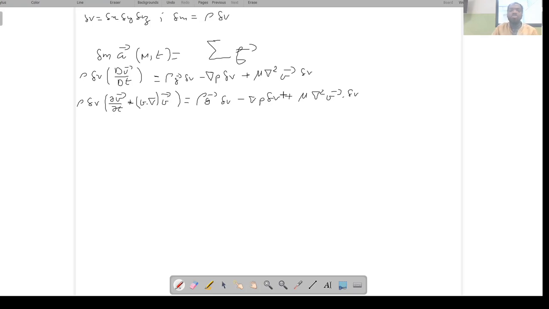So since we are working with the same volume, delta V cancels out.